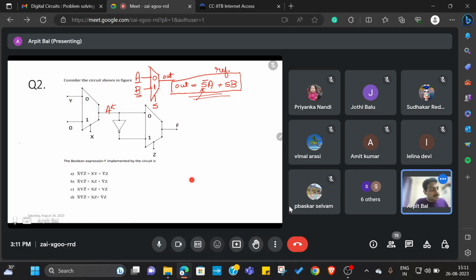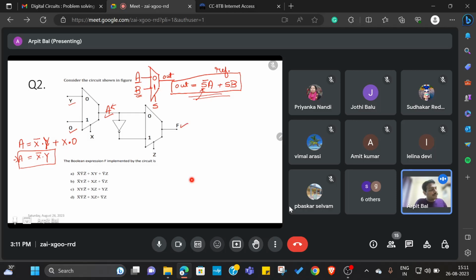So node A is equal to x bar dot y plus x dot 0, right? So when x is equal to 0, it will choose y. When x is equal to 1, it will choose 0. So this implies A is equal to x bar y. So that is the equation for A.